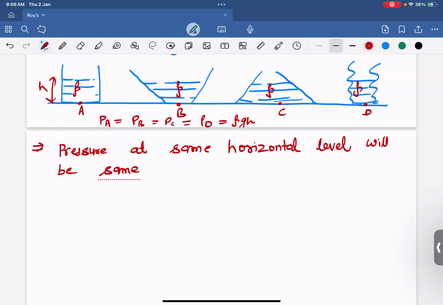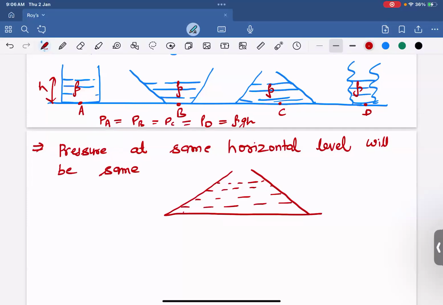It means that if I have one container that I am making like this, and some liquid we have filled, here we can say the container has no acceleration, it should not move with any kind of acceleration.